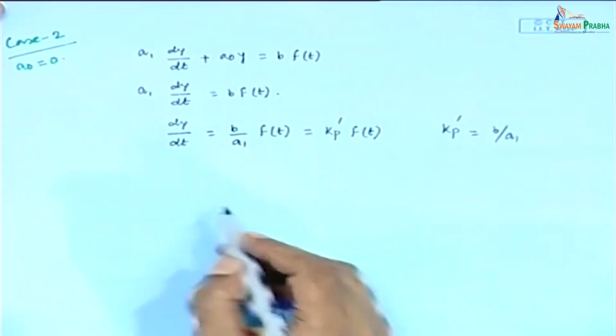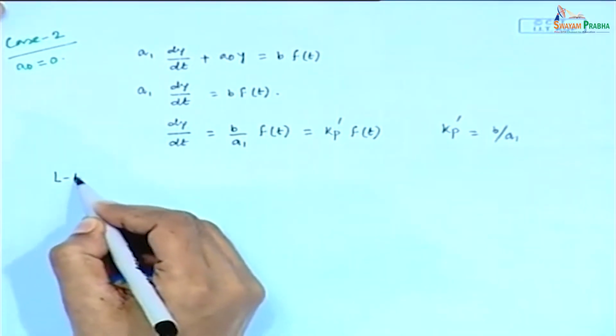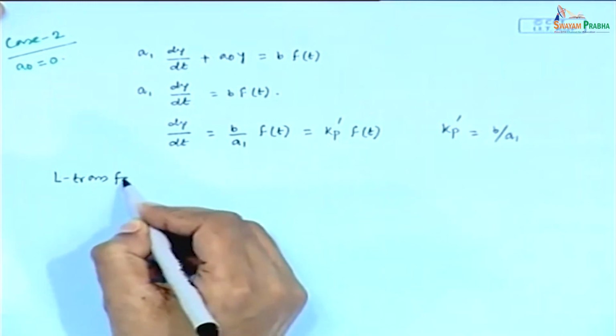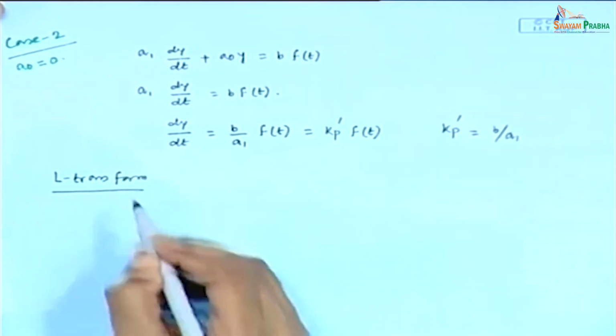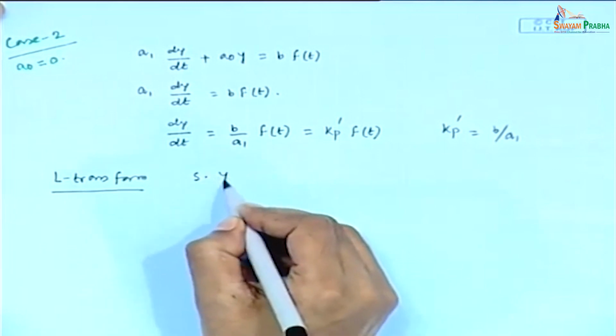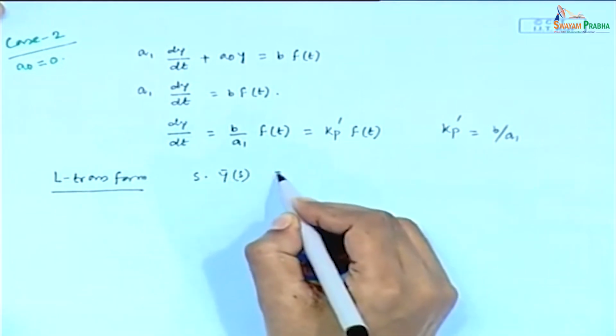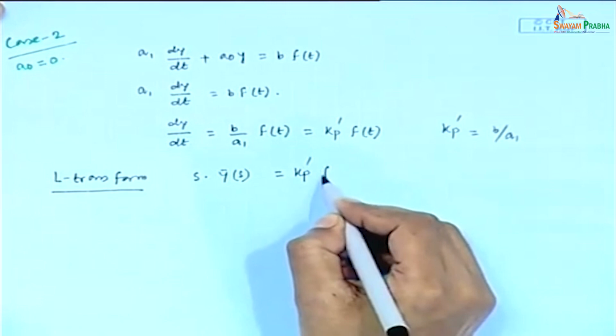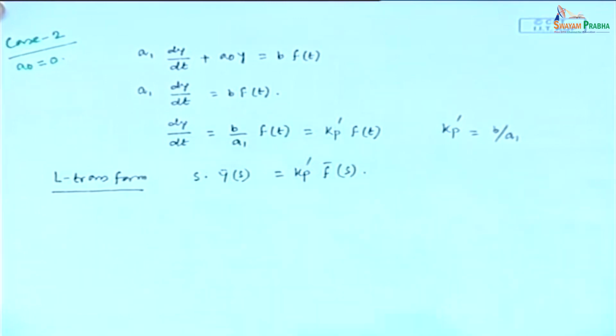Now, if we take Laplace transform again, then s y bar s equal to k p prime f bar s.